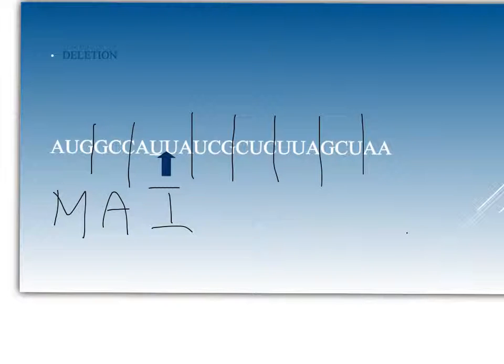I have UCG, which is serine, CUC, which is leucine, UUA, leucine, GCU, alanine, and something else.